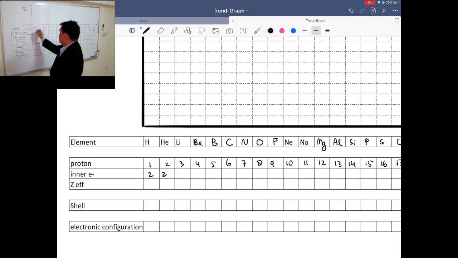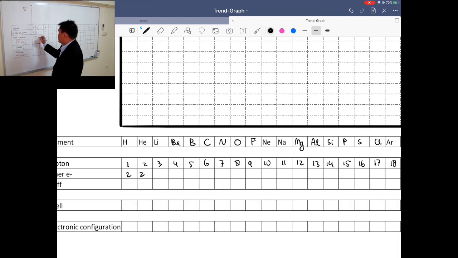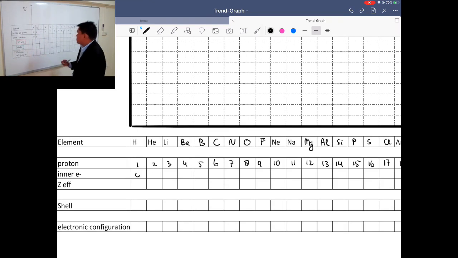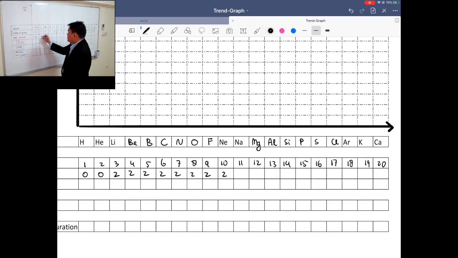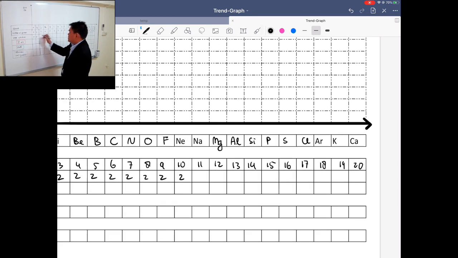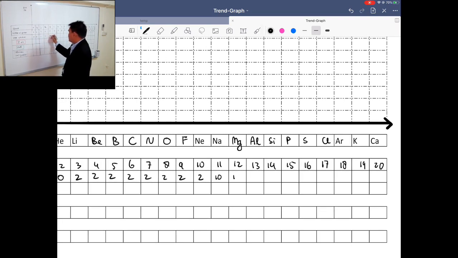The inner electrons for hydrogen and helium are of course 0. From lithium to neon is of course 2 because they are in the second period, which means the 2 electrons on the first shell are considered the inner electrons. Very simple.